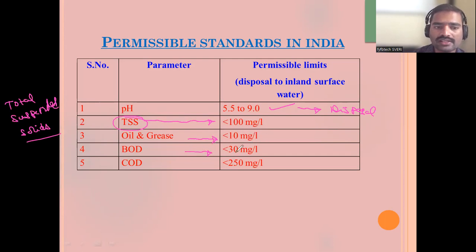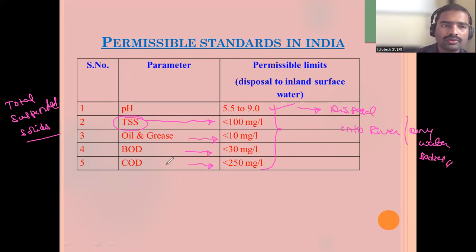BOD should be less than 30 milligram per liter. COD should be less than 250 milligram per liter. If your sewage has these permissible levels, then you are allowed to dispose it into a river or any water bodies. This is how you have to treat all your sewage.